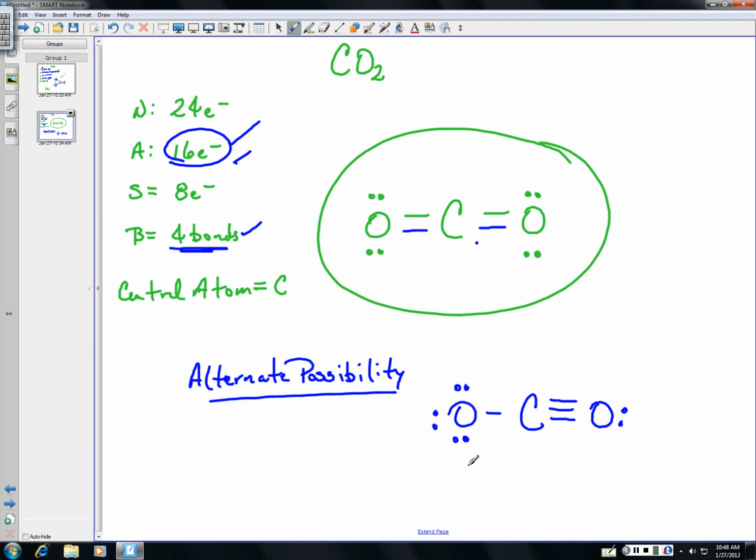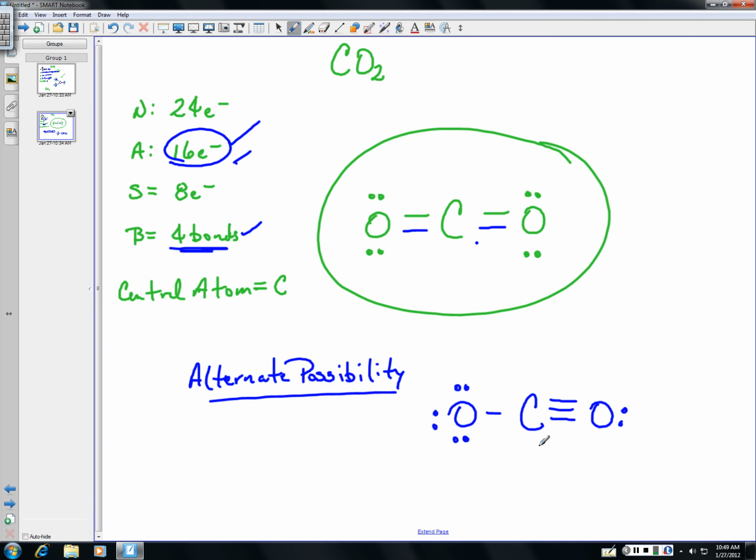The oxygen on the left-hand side has a single bond and 6 unbonded electrons. The oxygen on the right has a triple bond for 6 electrons and a pair of electrons that are unbonded, so that's 8. And the carbon has 4 bonds around it again, a single bond and a triple bond. So it has 8 also. So that is a possible structure.